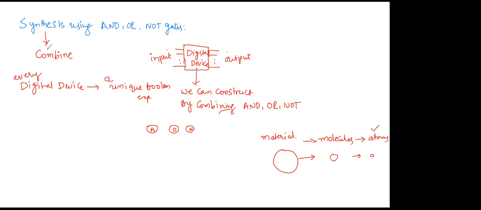So the topic is combining using AND, OR, NOT gates. The meaning of this topic is any digital device we can construct by combining AND gate, OR gate, NOT gate.